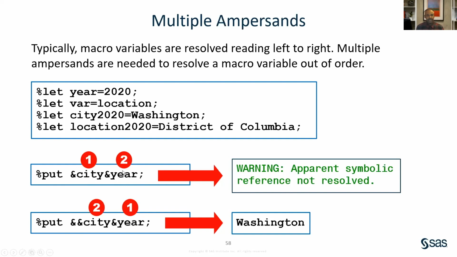I was trying to get year to resolve first, but it doesn't work this way. Let's go to the second one. 2 ampersands become 1. CITY is just plain text city. Ampersand year resolves to 2020, and we're left with ampersand city 2020, and that's a legitimate macro variable reference. Ampersand city2020 is Washington.